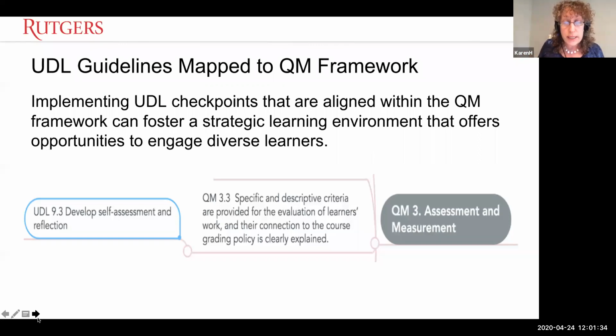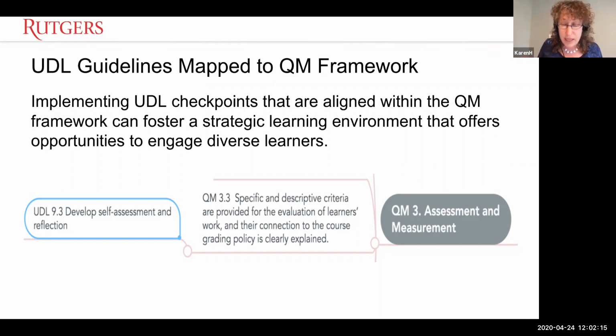But my goal is, if you can see, this is a quick screen capture from the mind map that I developed. Just to show you, it starts with a QM standard, which moves to a specific standard, and then I'm mapping it to one of the UDL checkpoints for engagement, because I want to work together so that we can see where in the QM rubric we can infuse engagement, which is the why, to motivate our learners.